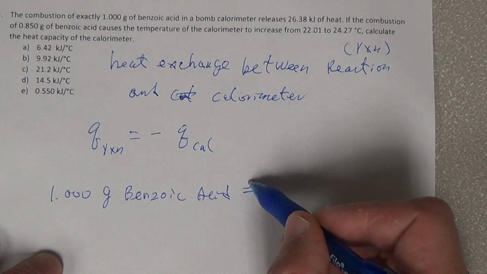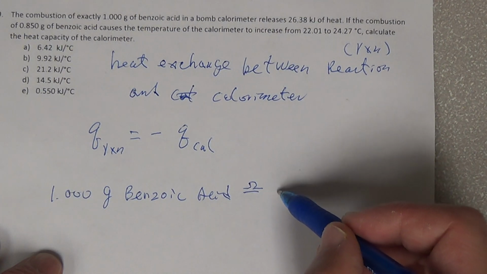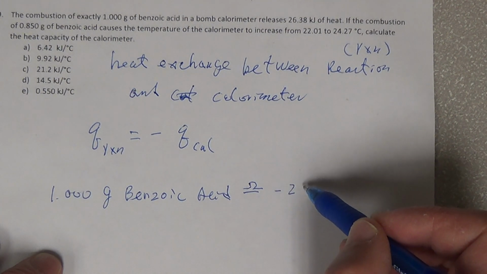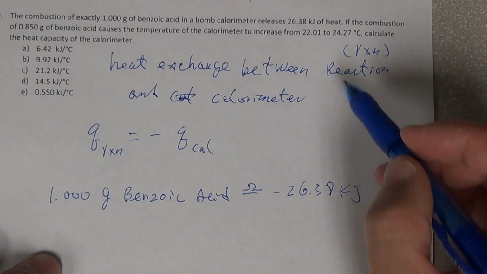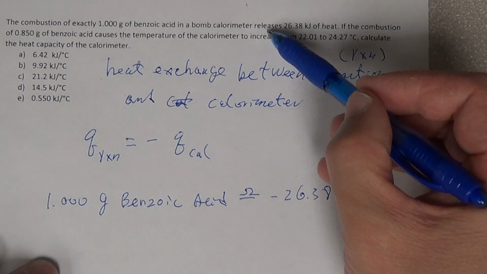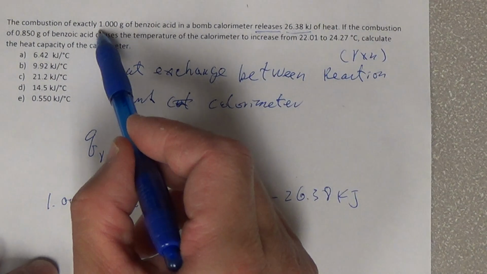So we use sort of an equivalency. Release means negative, so 26.38 kJ of heat, and this comes from 1 gram.